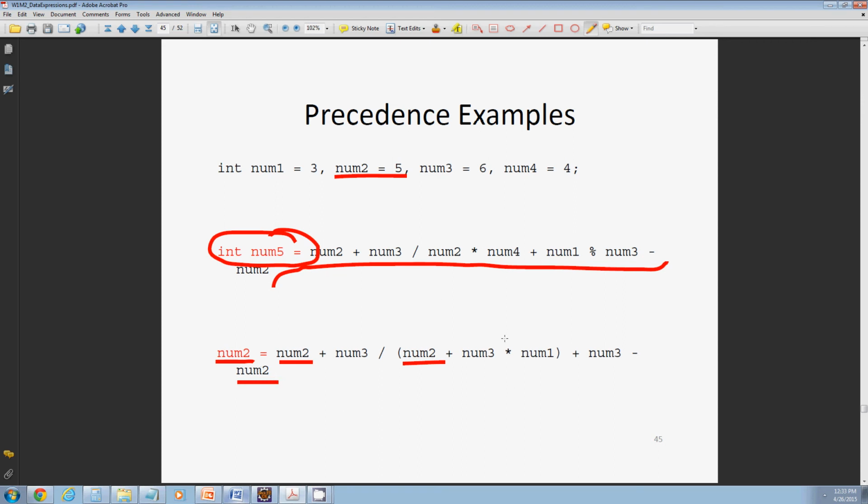And we would use that to calculate the value, and only after we calculate the whole right-hand side would we then update this value and change num2 to be equal to 6. Okay, so again, this equal sign is the very last thing we do. It's almost like you can just ignore this left-hand side for a long time until you're completely done, and only then worry about assigning the value.